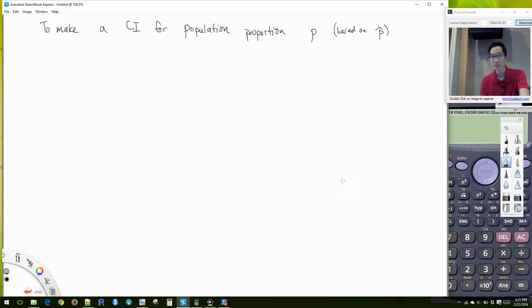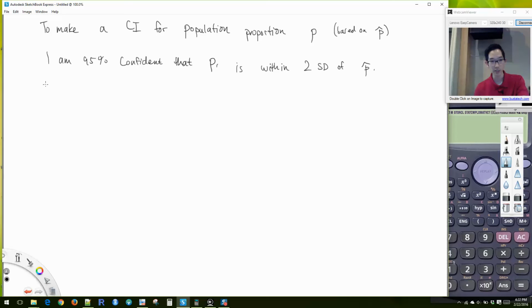And we're going to say something like, I am 95% confident that p, the population proportion, is within 2 standard deviations of p hat.